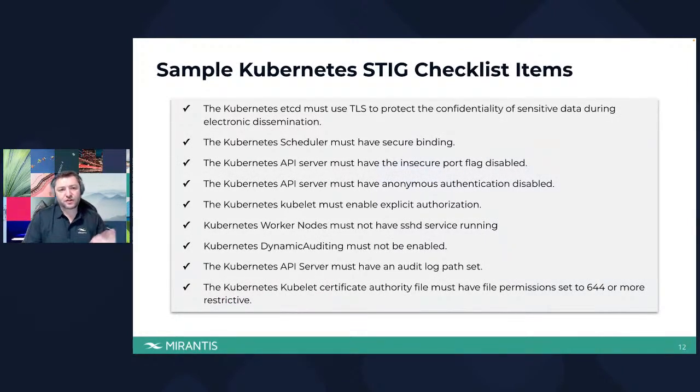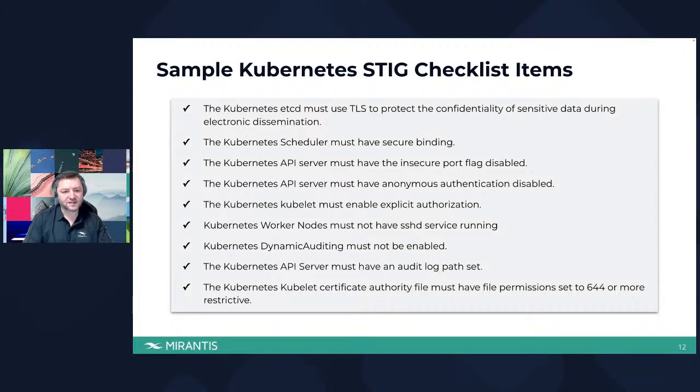For example, you have some items of the STIG checklist for Kubernetes. You have, for example, that etcd, which is the brain of Kubernetes, must use TLS to protect the confidentiality of sensitive data. You must have the insecure port flag disabled for accessing the Kubernetes API server.